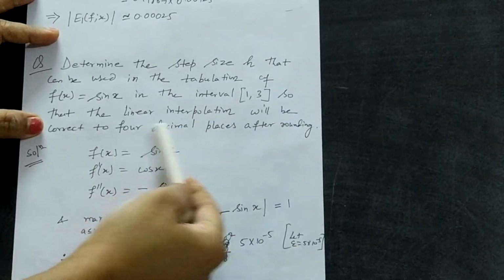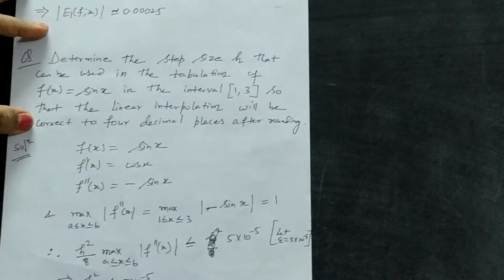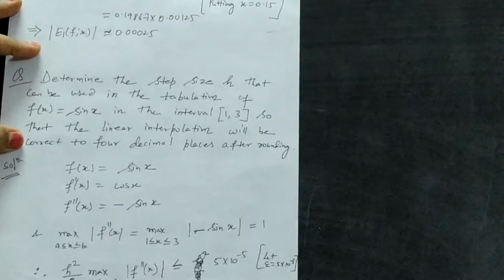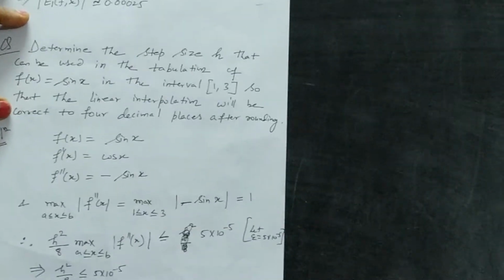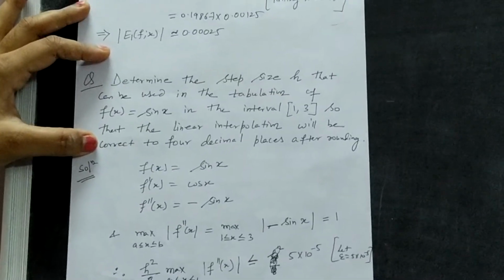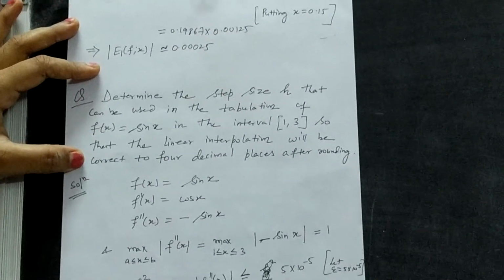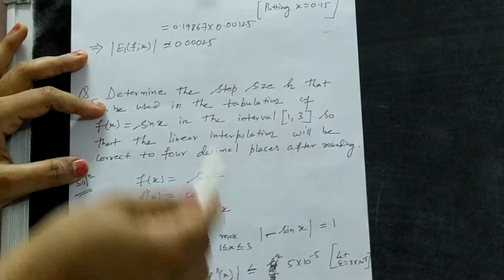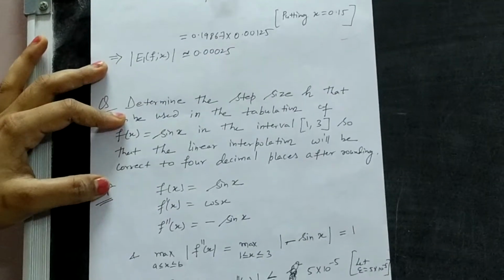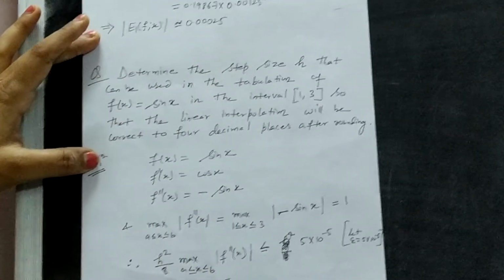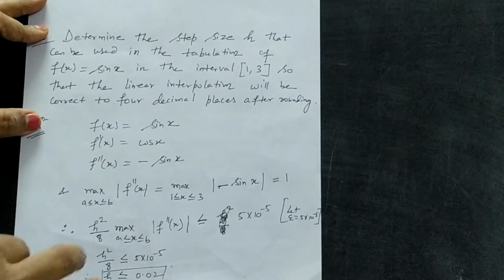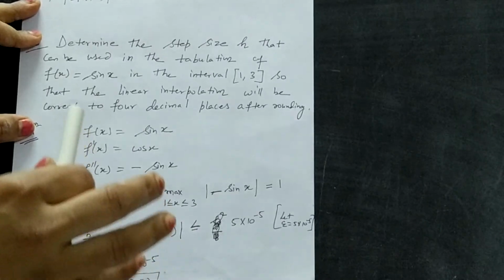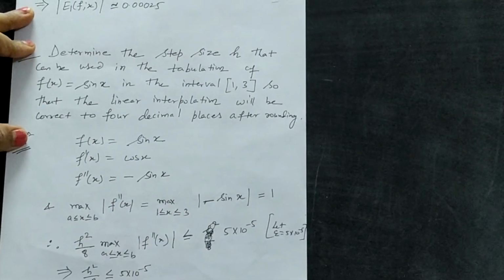Here we are very much interested in getting the values, but more than that, whatever problem we are dealing with, we are interested that after rounding, the interpolation should be correct up to 4 decimal places. It means when we compare with the exact value up to 4 decimal places, it should match. So how to find out the step size h? We want to do that in advance, so that we can have an idea of the collection of the data before doing the experiment.